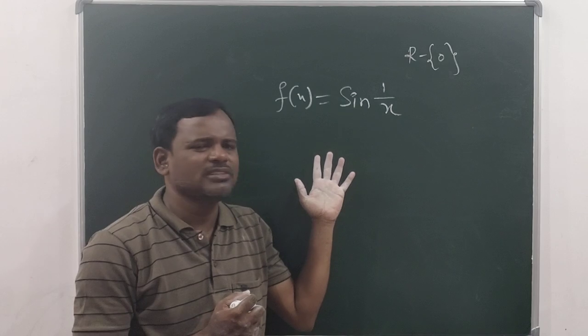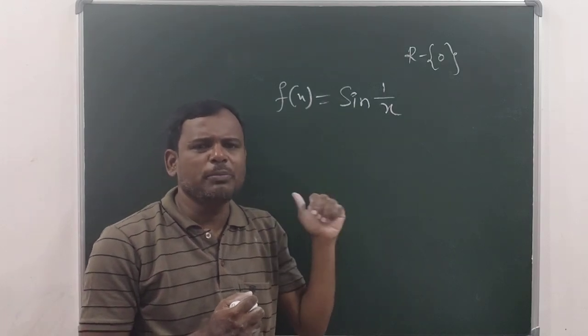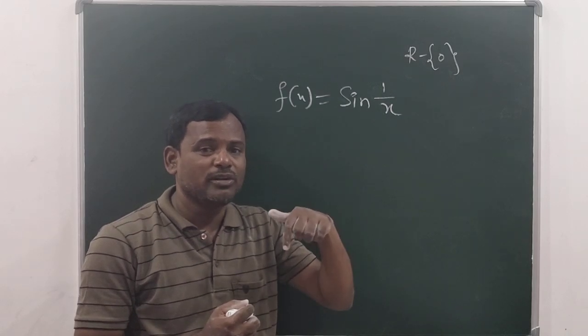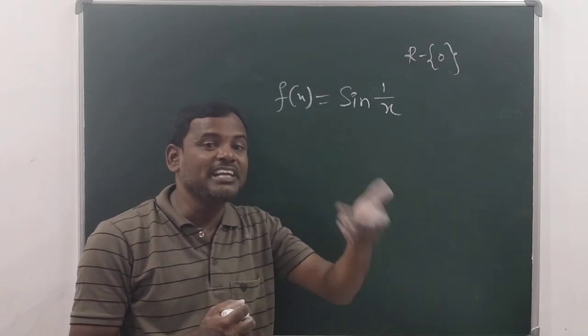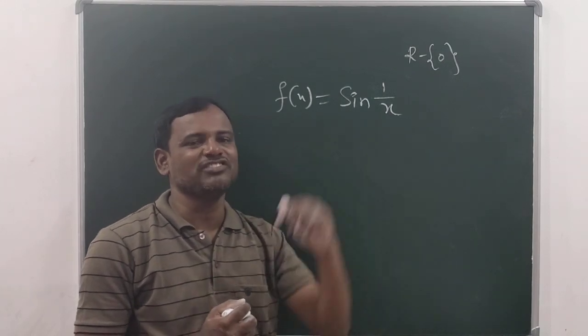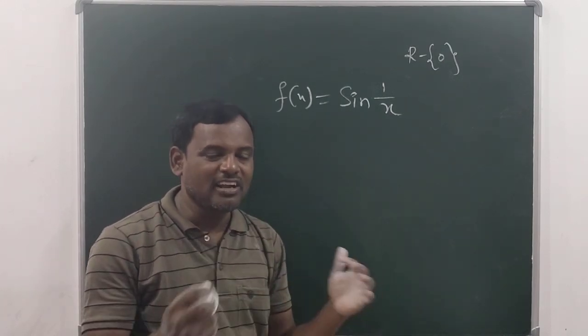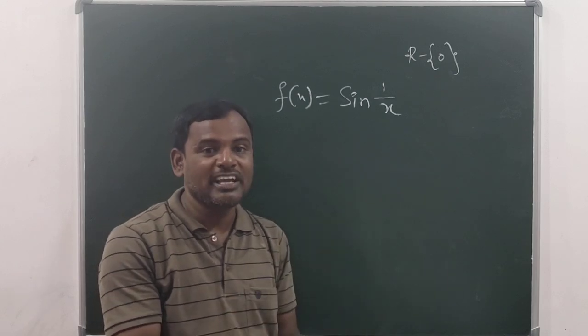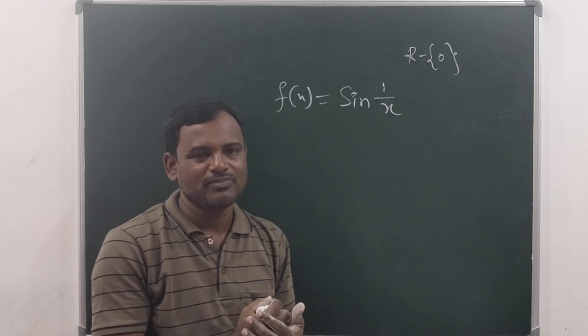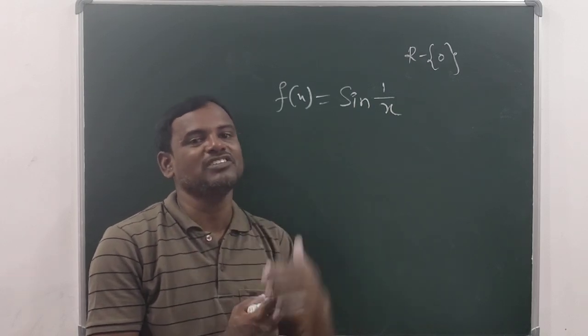But see, students, here what are you finding? The range of the sine function is -1 to 1. But here, we are not predicting an exact range value. It is oscillating between -1 and 1. Here we are not in a position to say the exact limit of this function in this entire domain. It is fluctuating between -1 and 1.